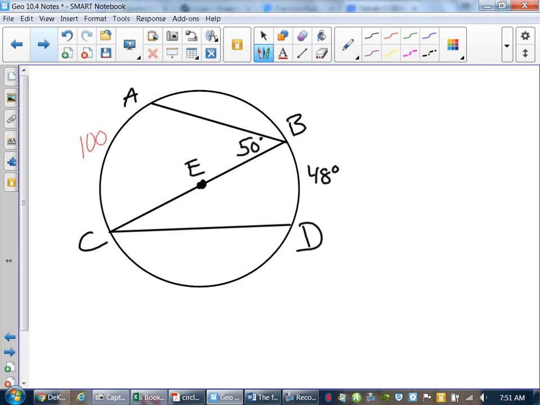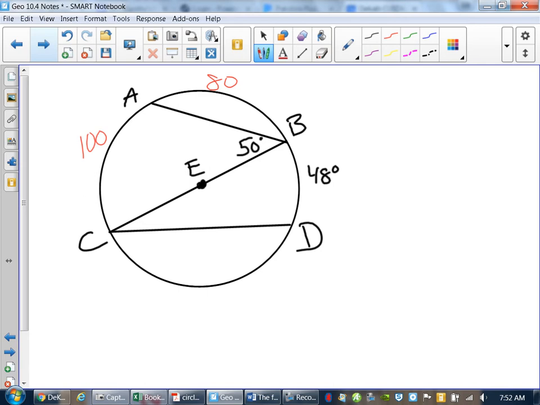See how fast that is? Which means, how much is the arc AB? Remember, guys, what's this? So if this is 100, how much is left here? 80. Let's stop overthinking it.